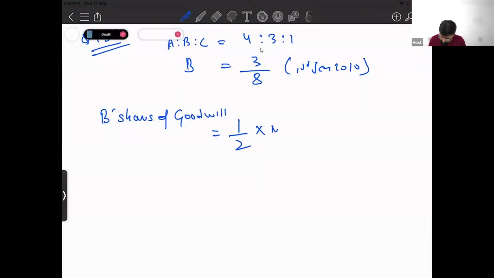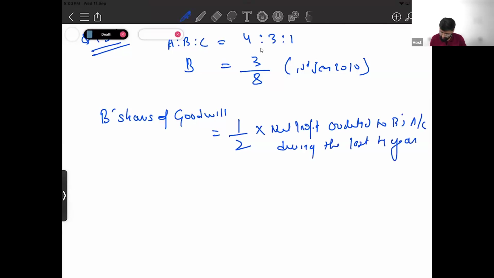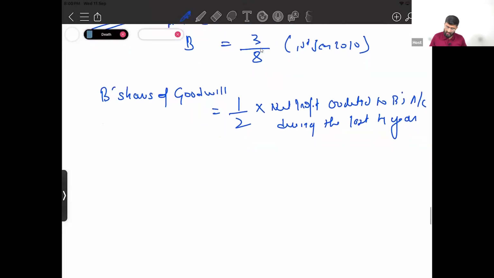So the net profit credited to B's account during the last 4 years, we multiply by 1/2 and we will get B's share of goodwill.